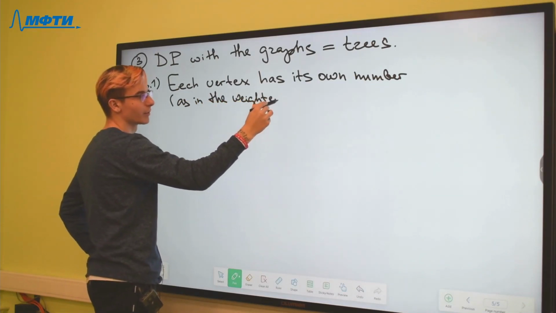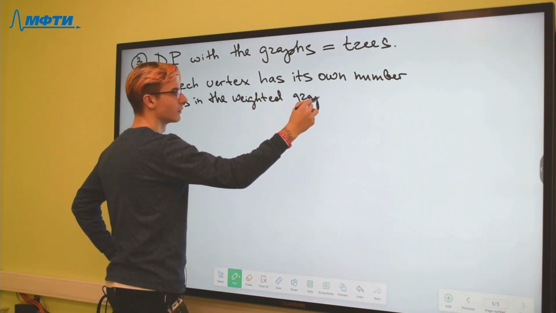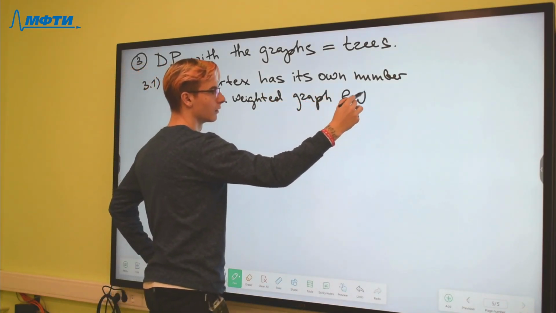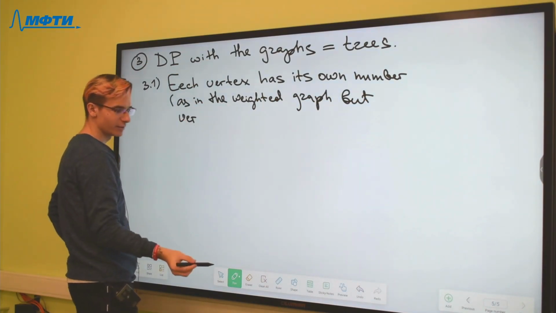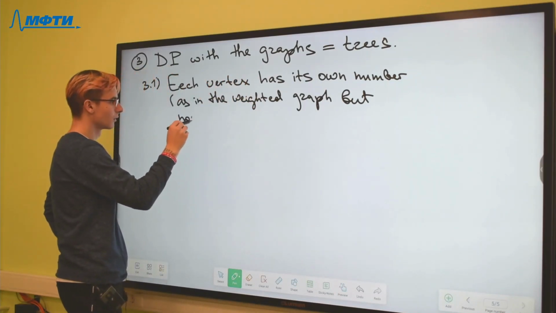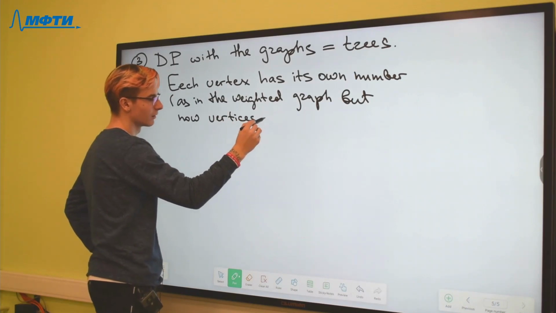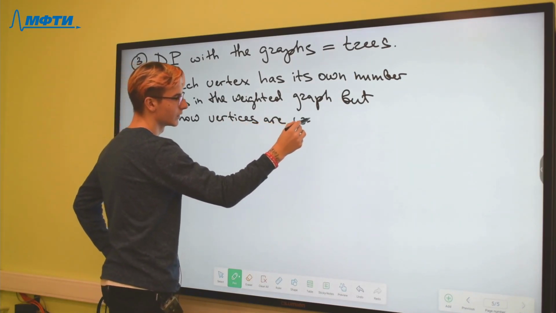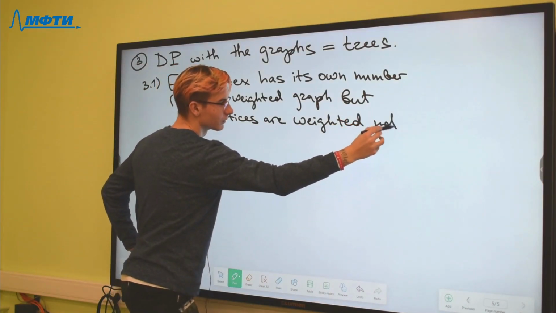Do you remember it? Weighted graph. But now vertices are weighted, not edges.